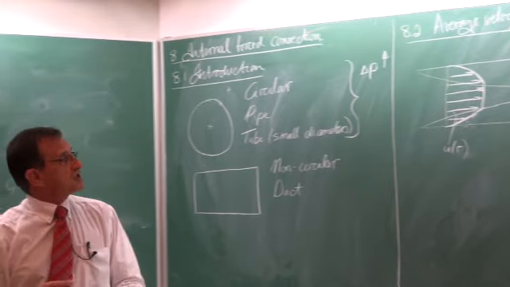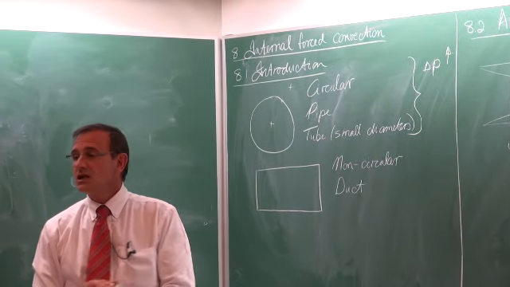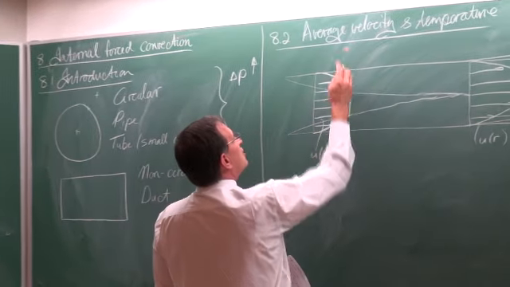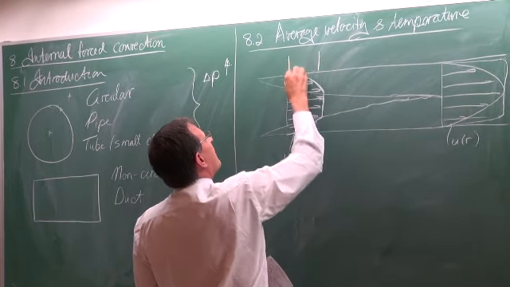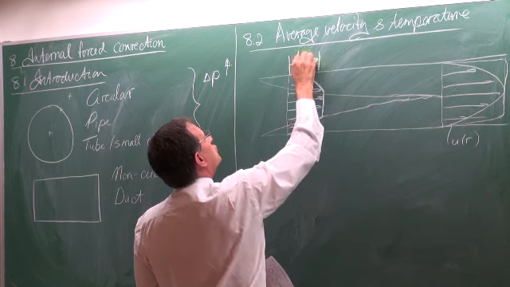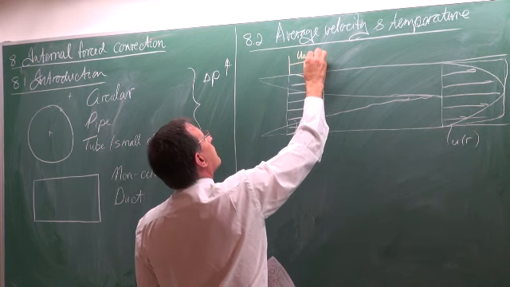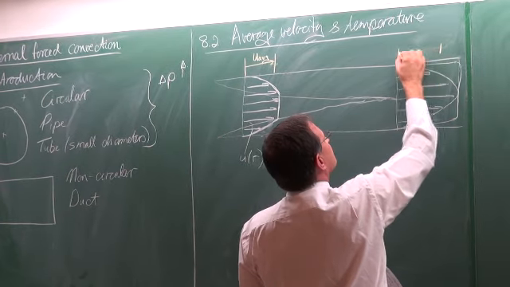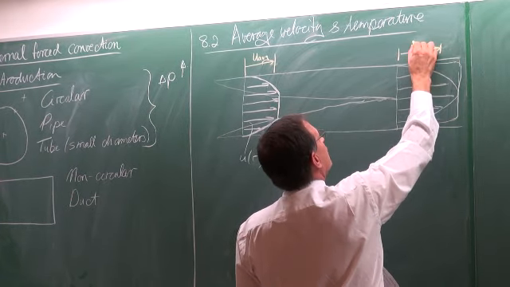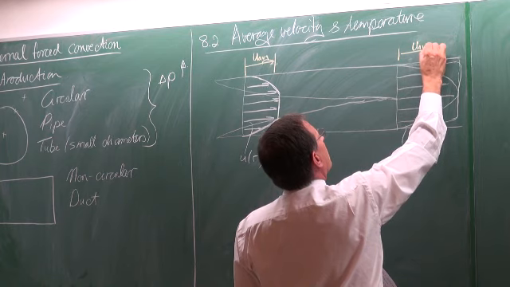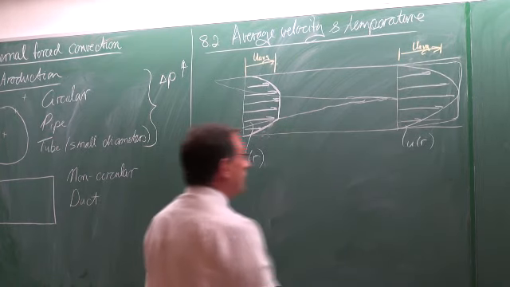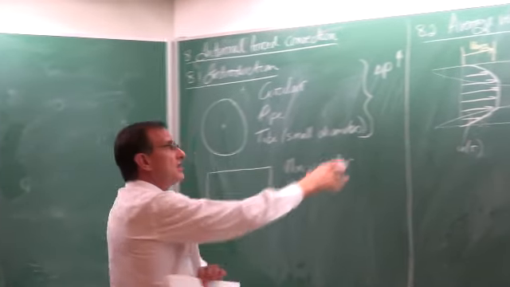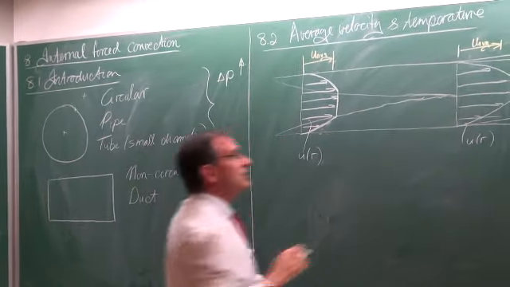Now what we normally work with is not with the specific values of the velocity, but with the average velocities. So if we do the integration here, then that would be equal to U average. And that would be exactly the same as that average value there. So the average value would remain constant from the inlet to the outlet.